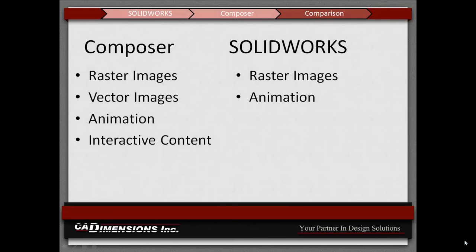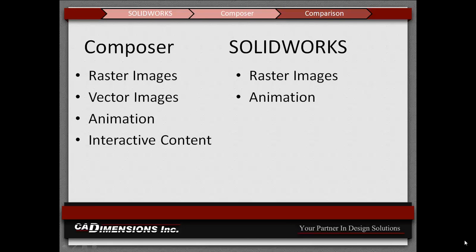So let's look side by side here and see what actually stacks up, because again, coming back to what prompted this, and that was if SolidWorks has these options, why do I need Composer? If we lay these side by side and boil this down to its most basic state, we have Composer offering raster images, vector images, animation, interactive content, where SolidWorks is offering us our raster image and animations.